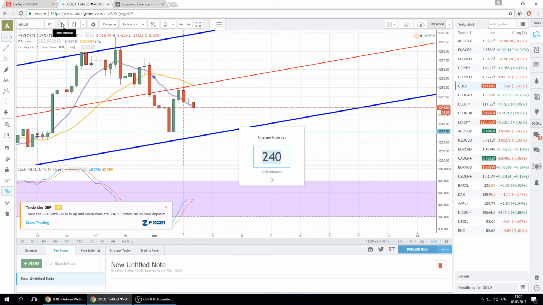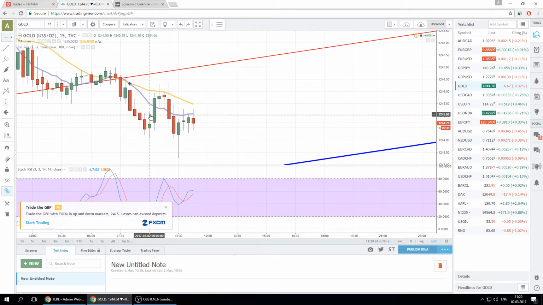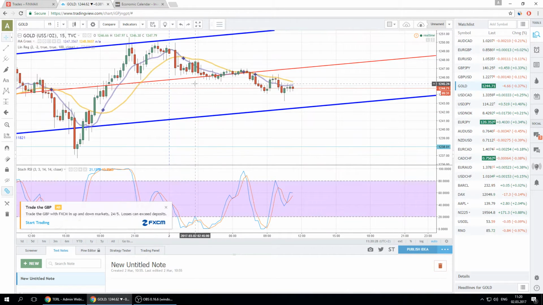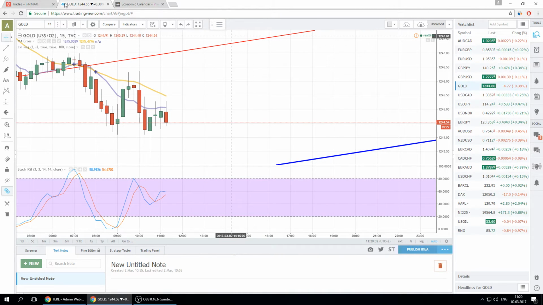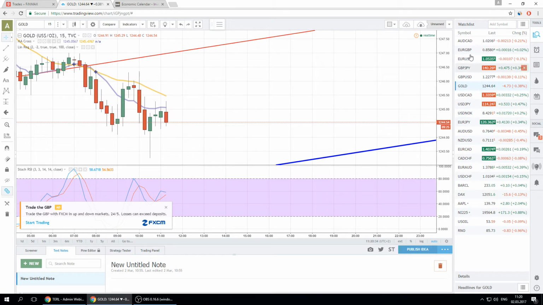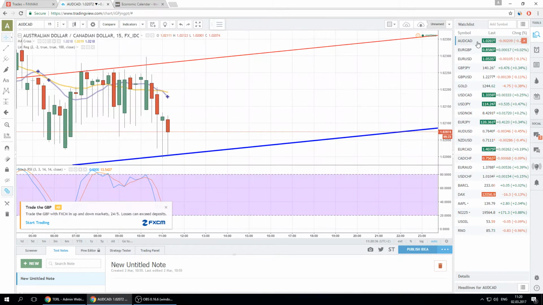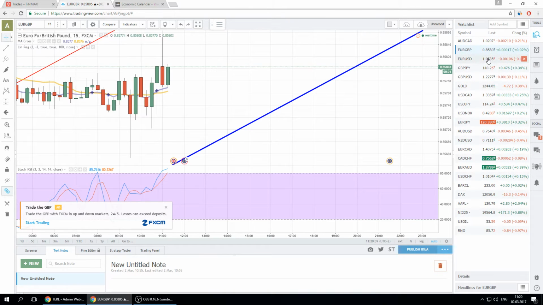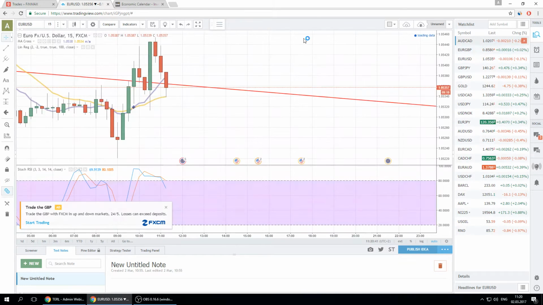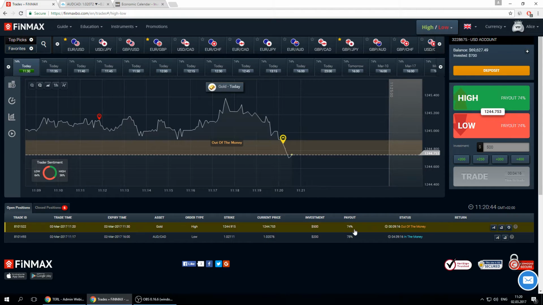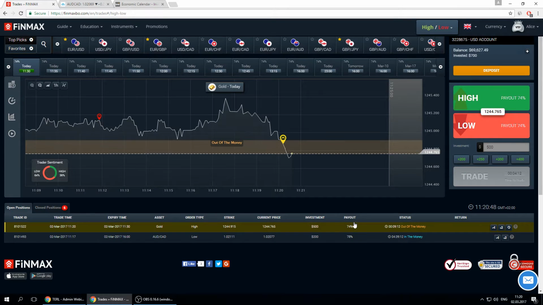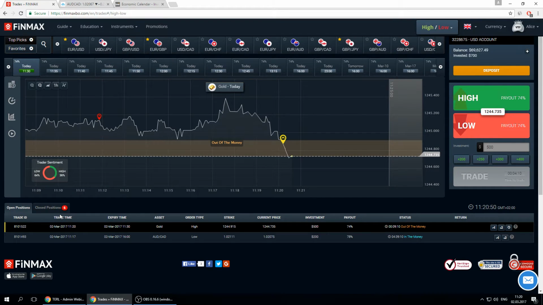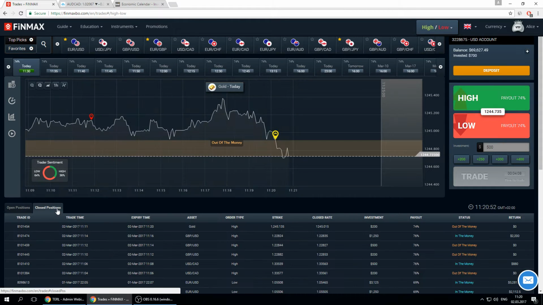Then for our ranges, okay, what we see here. So we have one open trade for gold, the second step, because it expired. Oh, I should have opened the third step.